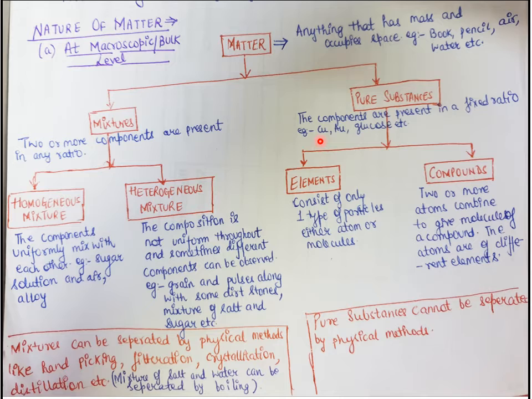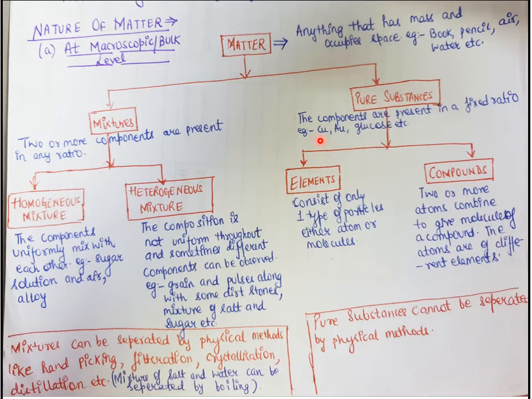Okay, what amount is there will depend upon what weight of copper element we are talking about. We'll do it in mole concept, but here just understand that a copper element is an example of a pure substance which will consist of only the copper atoms, and the copper atoms will be present in a fixed number in copper element.